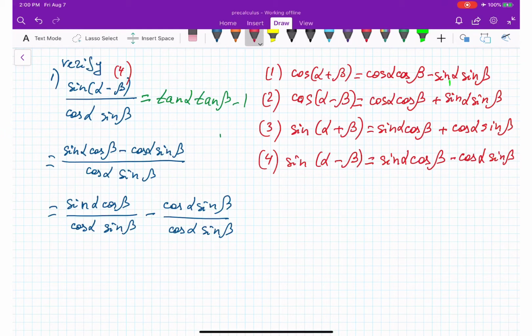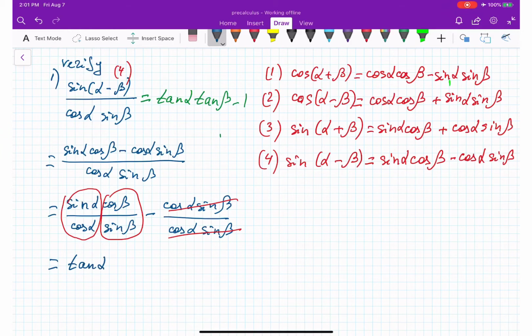So let's see what we can cancel here. Can we cancel anything? Cosine alpha sine beta, cosine alpha sine beta, these I can cancel with each other. In the first term I cannot cancel, but what I can do is combine these so that sine over cosine is a tangent, right? Sine alpha over cosine alpha is tangent alpha.